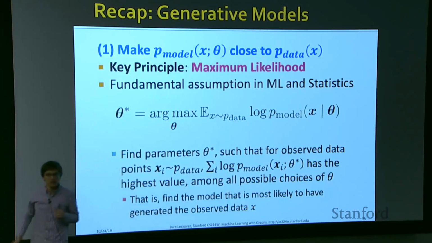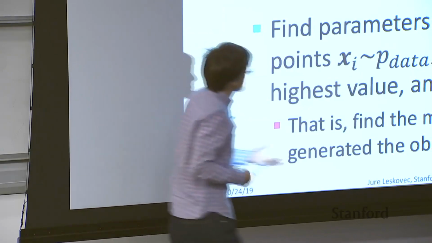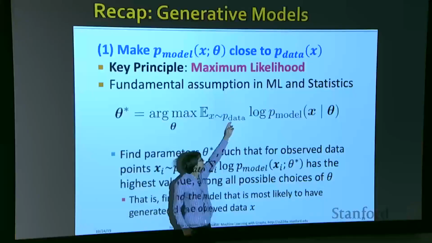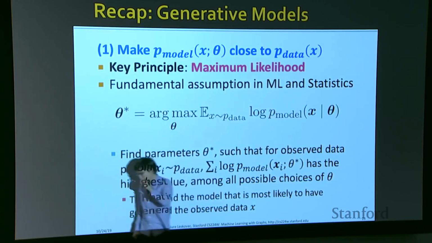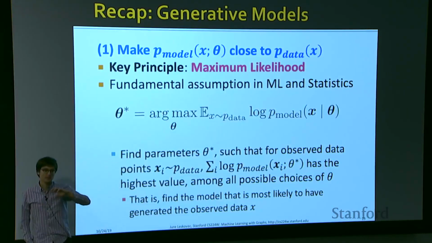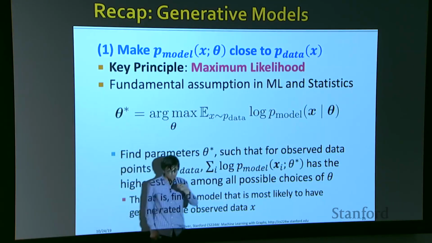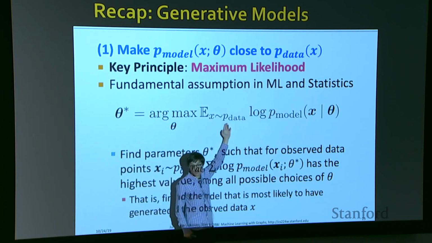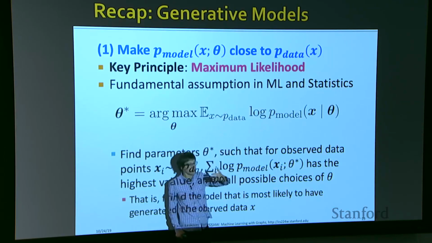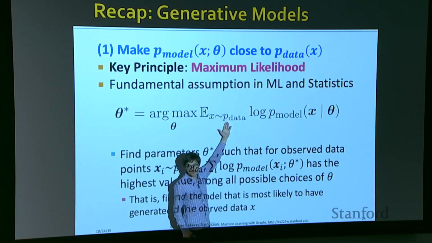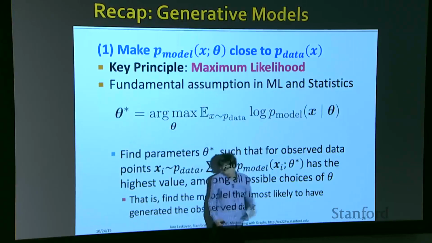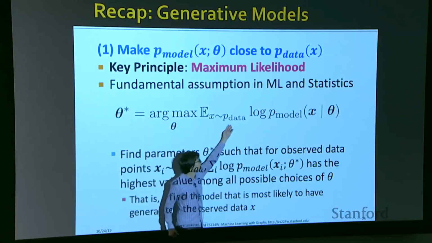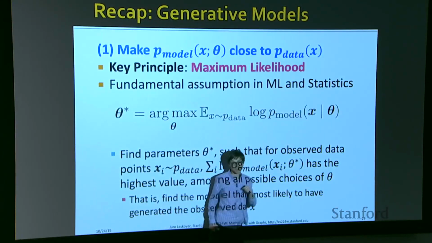You just hope it will work, because you can never look into what this really is. Maybe if you are working in chemistry, physics, or in some cases where you have scientific insights into the data distribution and the fundamental laws, you can model this more faithfully. In our case, we'll model things with neural networks and we'll say, this is what it is, we just want to approximate it. Yes?